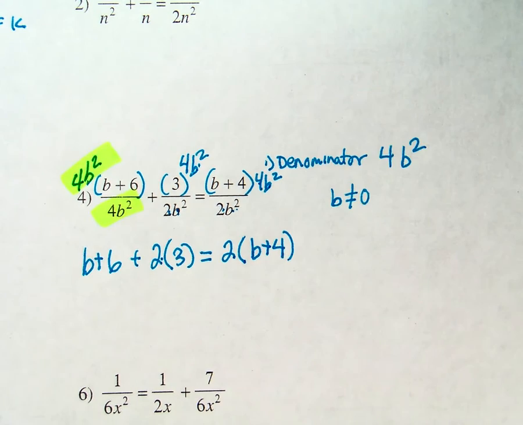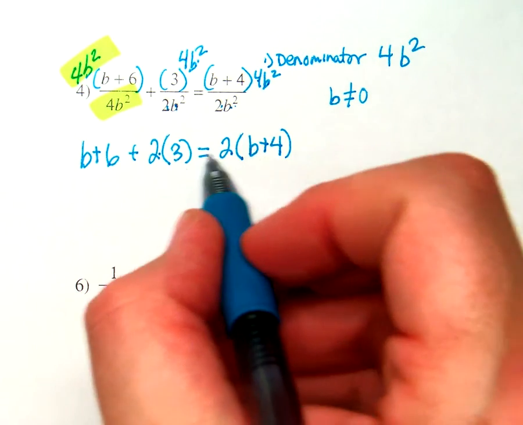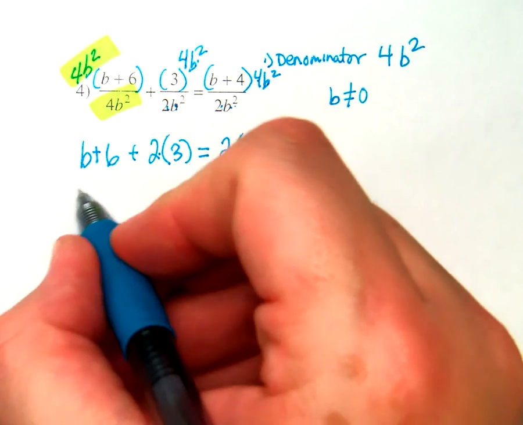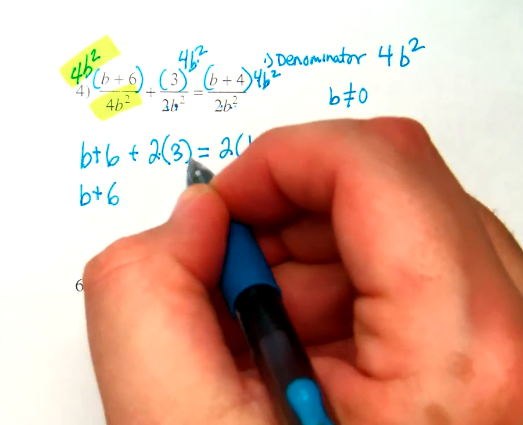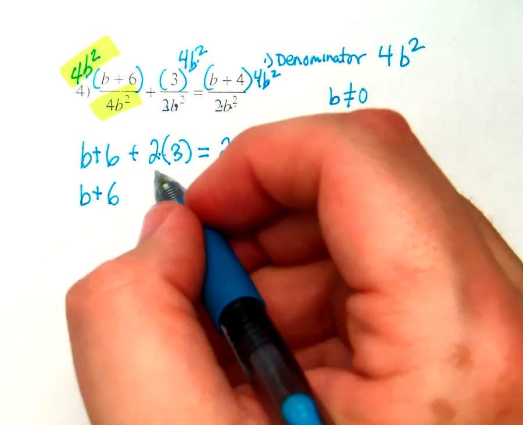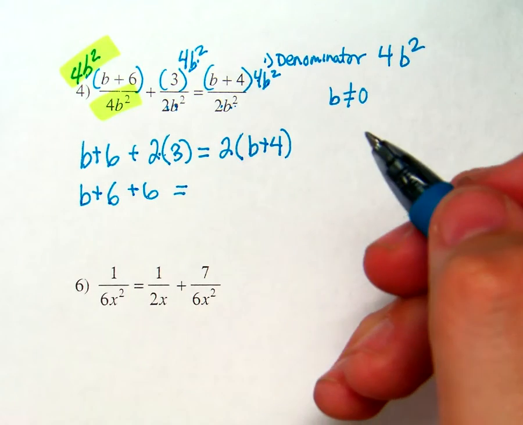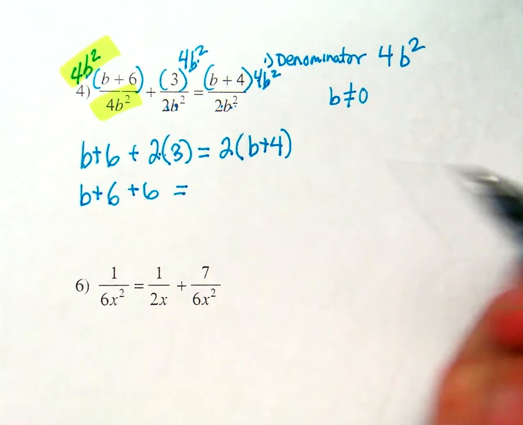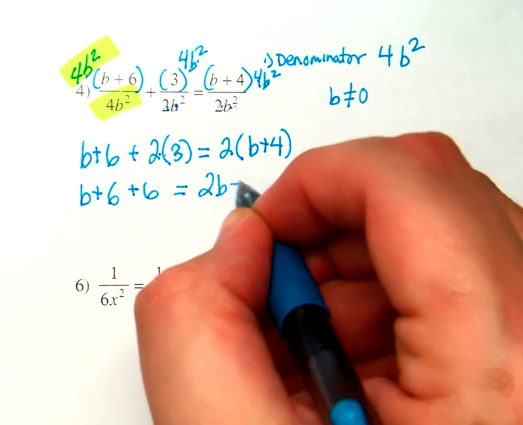So I'm going to take one more step, simplify this whole thing. b plus 6, what's 2 times 3? 6. Not negative. There's no negative in there. Distribute this side. What's 2 times b? 2b plus 8.